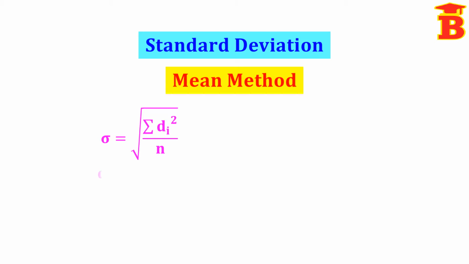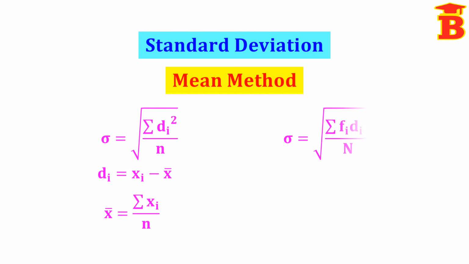Here d means difference. So that is di equal to xi minus x bar. X bar is mean. And we know the mean formula: x bar equal to summation xi divided by n.